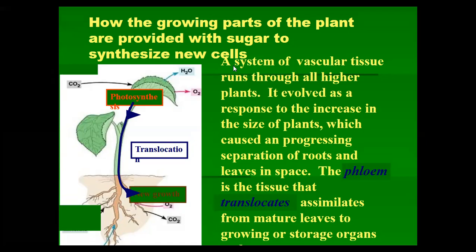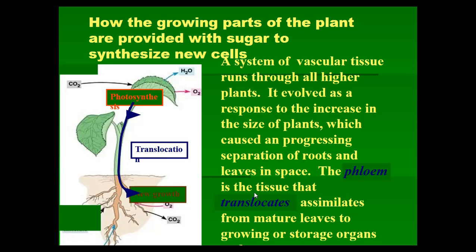A system of vascular tissue runs through all higher plants. It evolved as a response to the increase in the size of plants, which caused a progressing separation of roots and leaves in space.